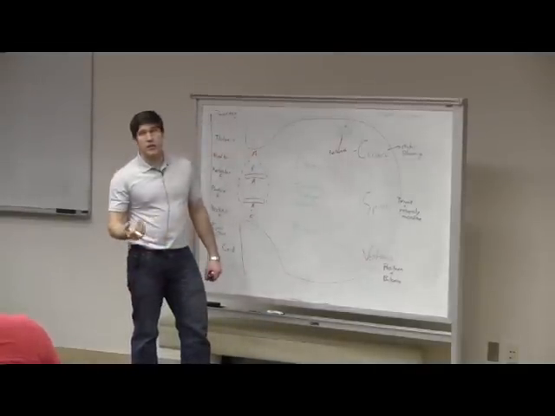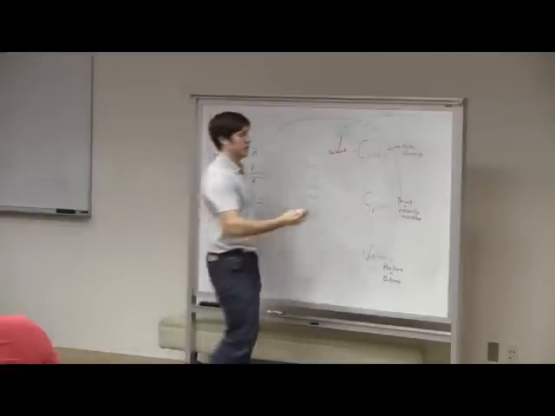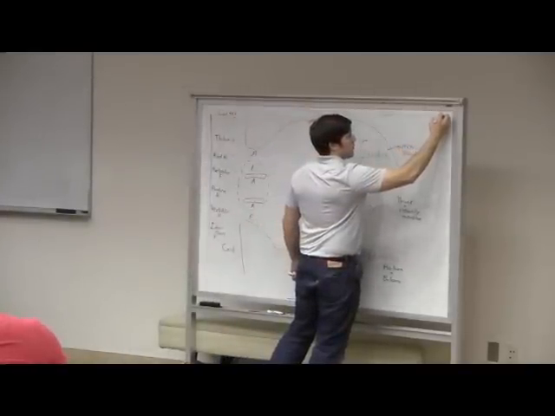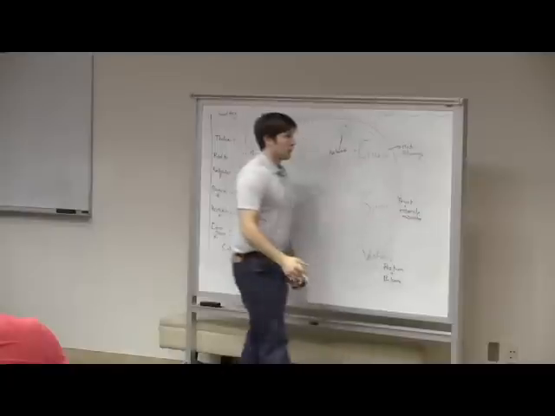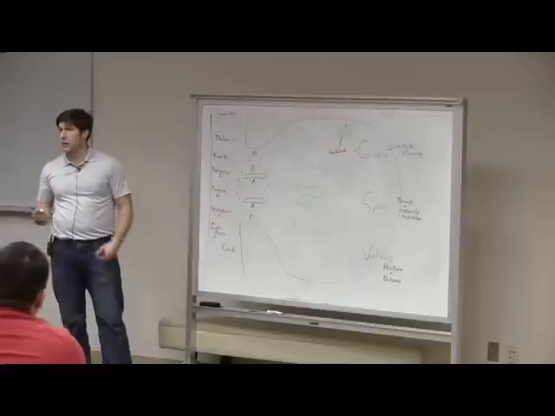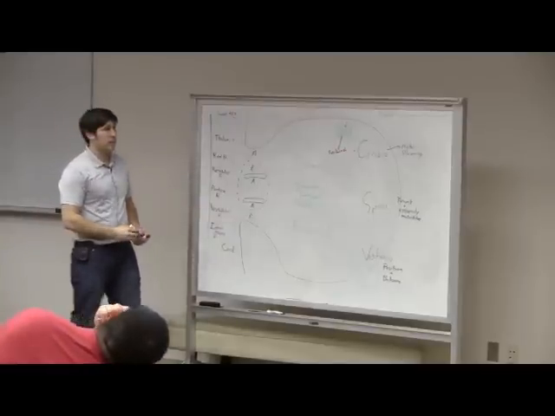Mossy, green, granular, glutamate. Glutamate is a neurotransmitter. It's excitatory. It's the most common neurotransmitter in the brain.